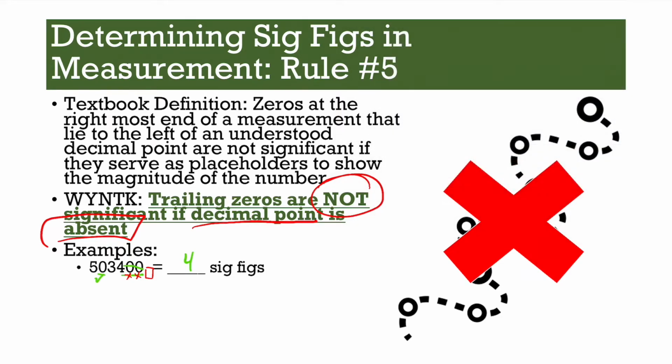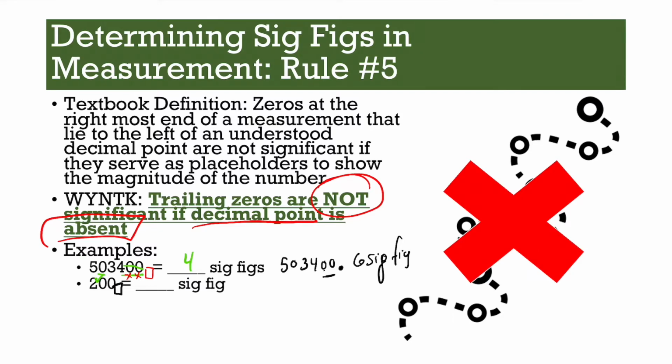Now, if we had 503,400 with the decimal point, this goes back to that previous rule. If you have a decimal point, then the trailing zeros are significant. That would be 1, 2, 3, 4, 5, 6 sig figs. So you have to be careful if you have a decimal point or not. Okay, 200.